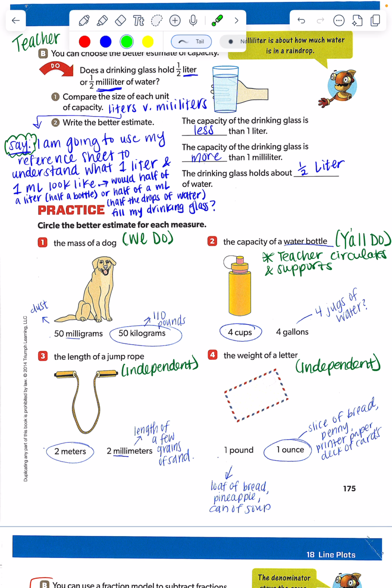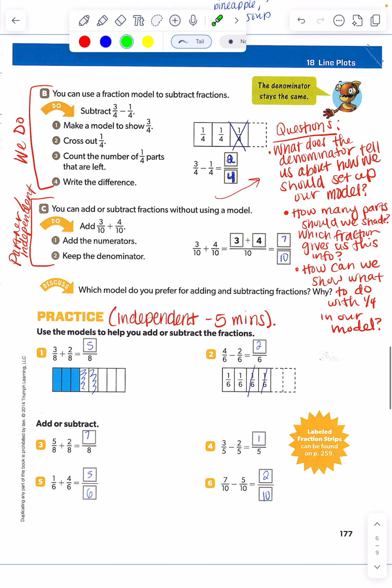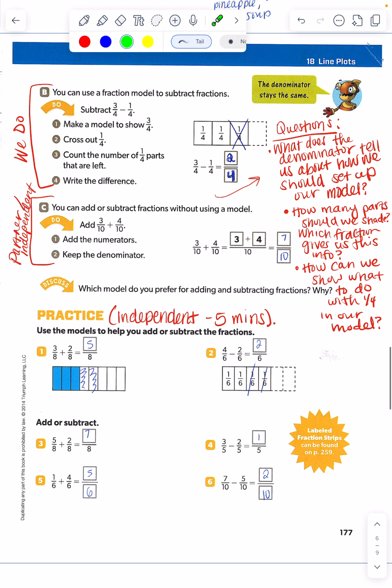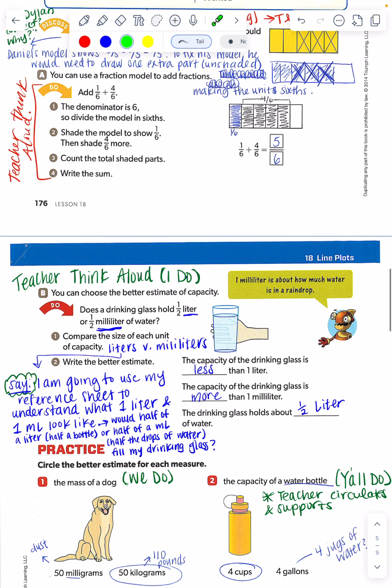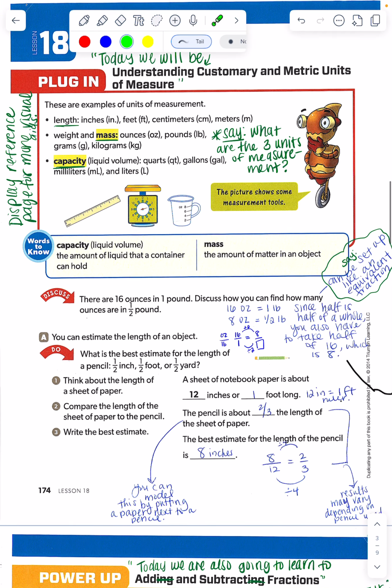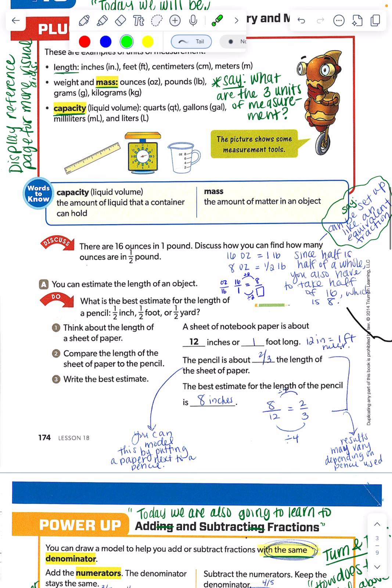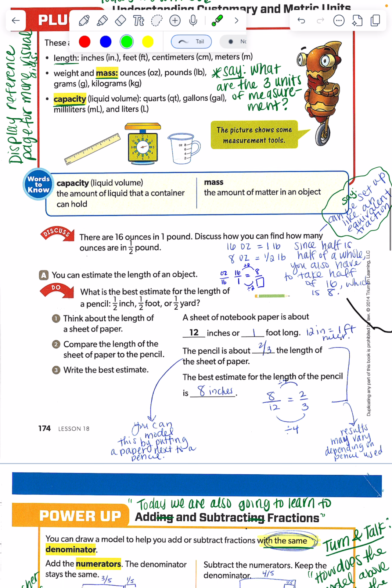For the customary and metric lesson, it seems like they are going to be figuring out what is the better estimate for each measure given 2 different units of measure. And for the adding and subtracting fractions, it seems as though they are going to be using fraction models to identify how to add and subtract fractions. So with that in mind, I am going to go to the first lesson and pull on specific skills that will set them up for success for that practice.